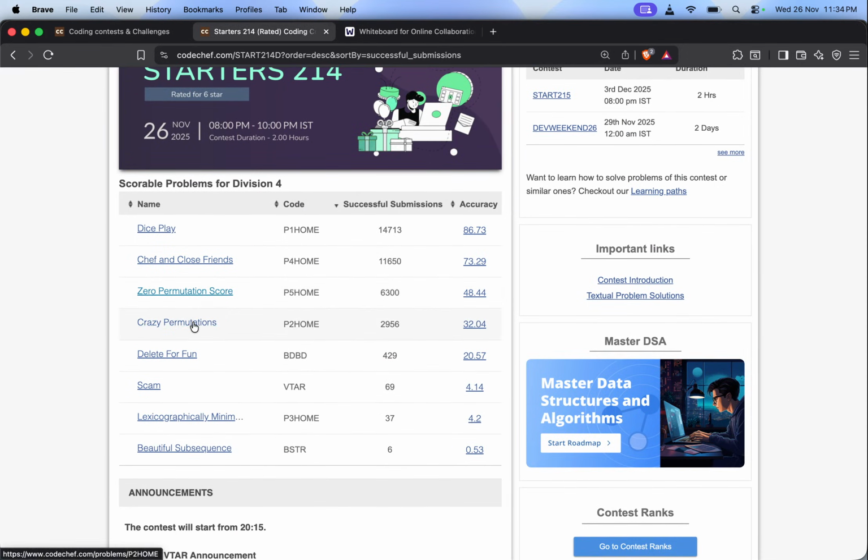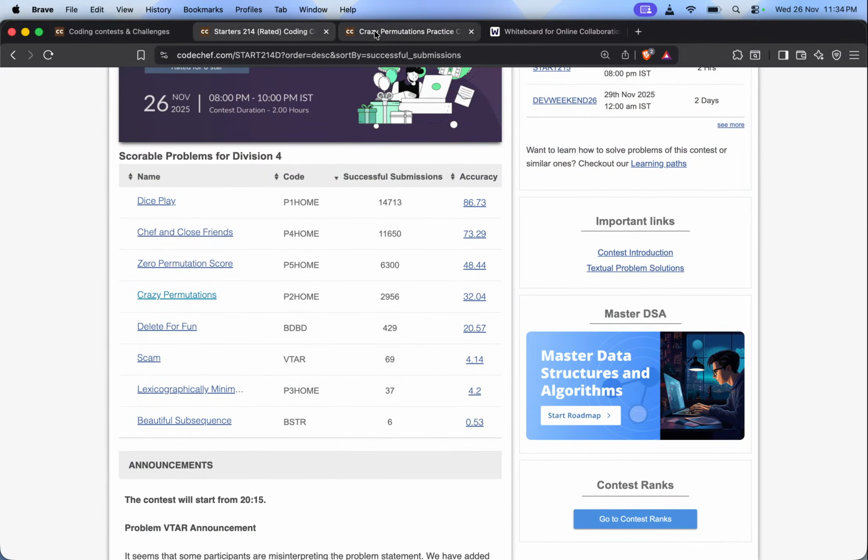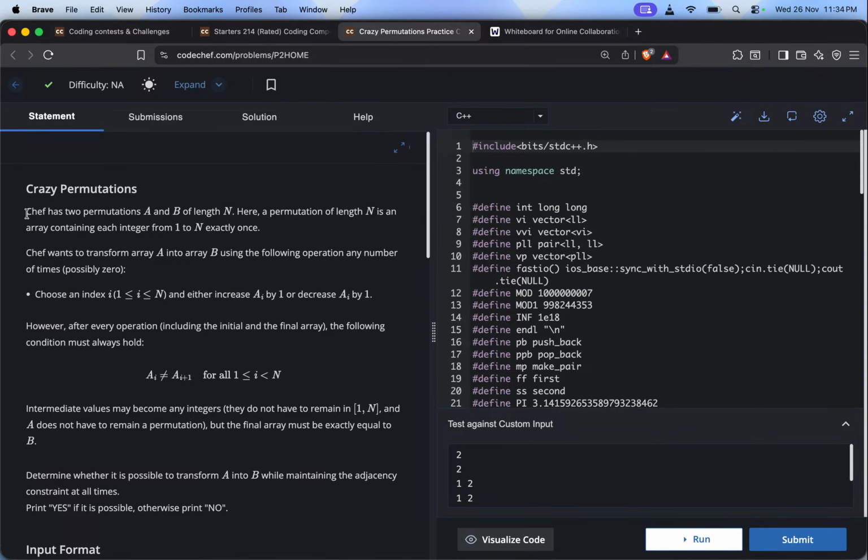Now let's move to the next problem. It is Crazy Permutation. In this, Chef has two permutations, A and B, of length n. A permutation is an array that contains all unique elements from 1 to n.